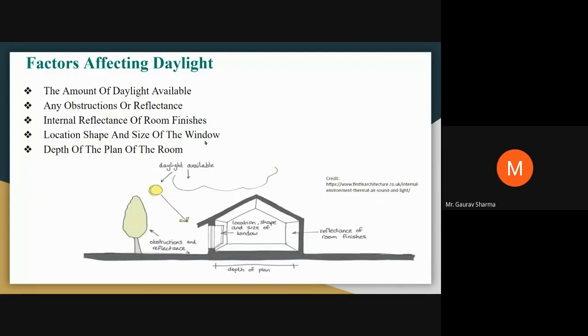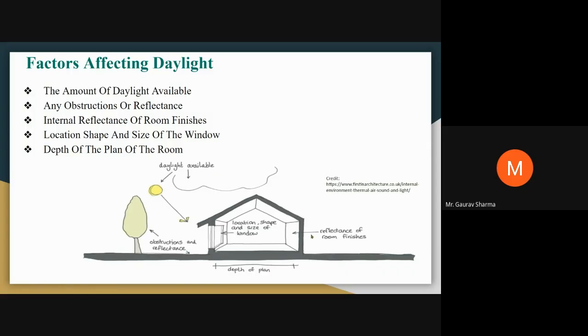Location, shape and size of the window: for the entrance, the bigger the size of the window, the more lighting there will be. And the depth of the plan of the room, you can see in this image, how large your room is. Depending on that, the lighting will be affected.